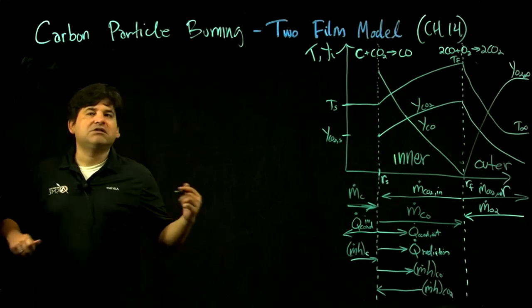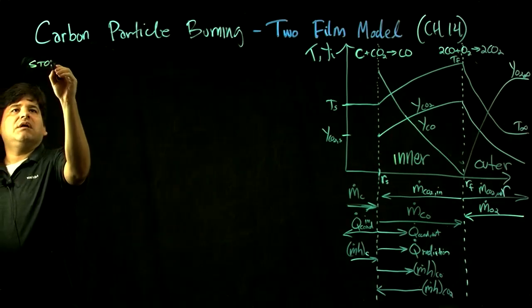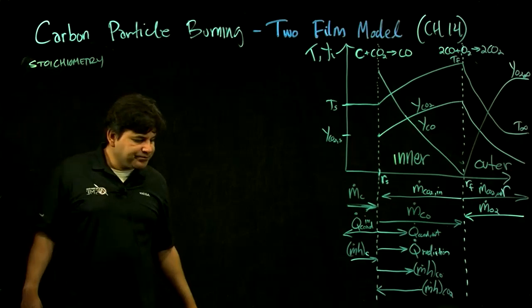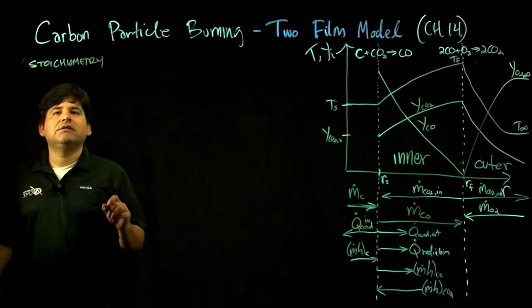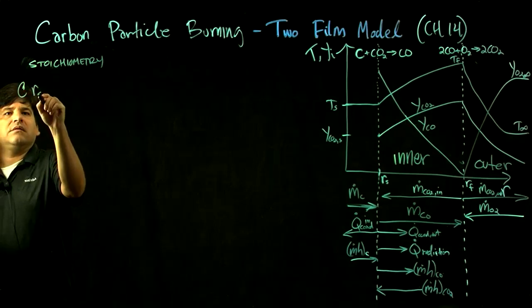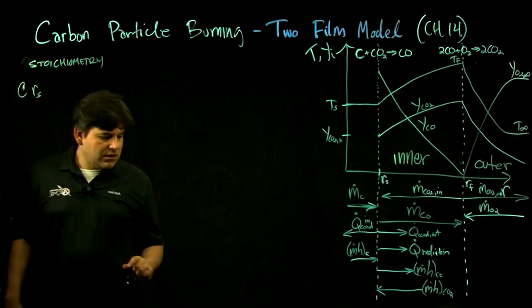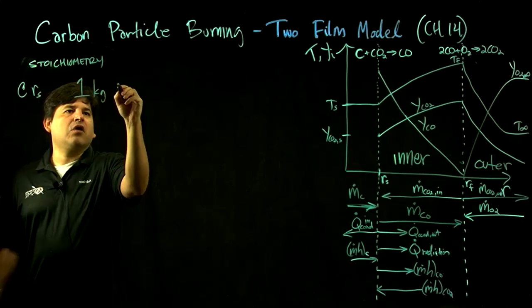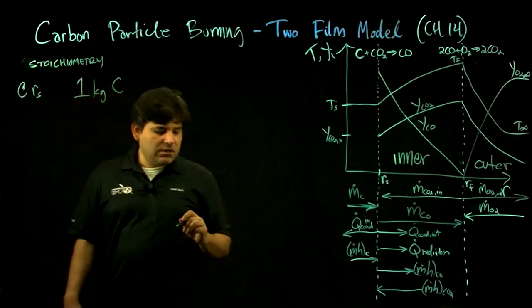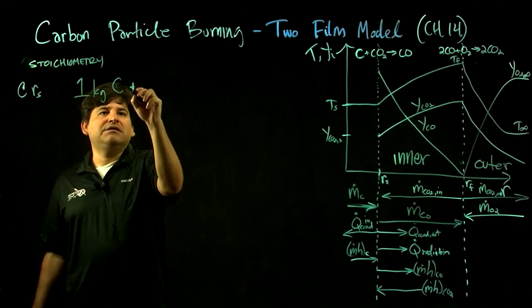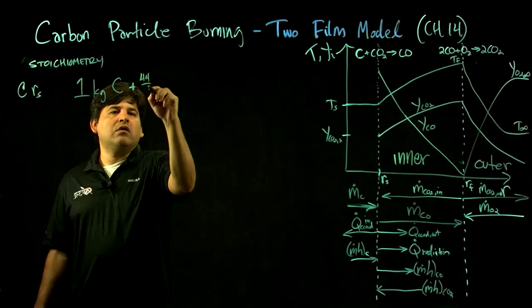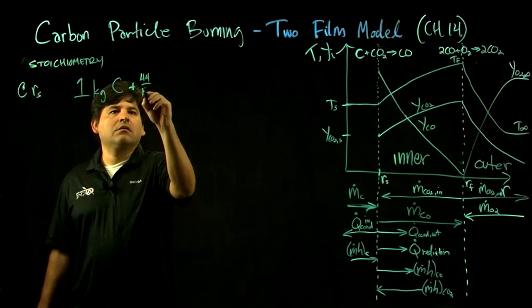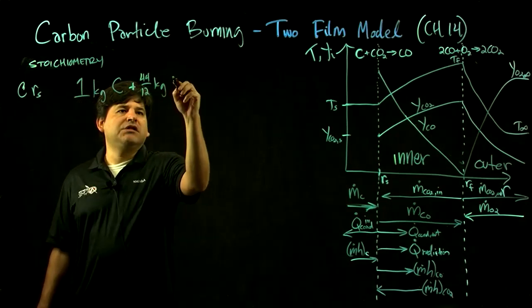Okay, so let's start off with the stoichiometry. So if this is a surface reaction, what's happening at the radial position of the surface, there has to be, in terms of mass, a balance between, for every 1 kilogram of carbon that is consumed, 44 over 12 kilograms of CO2.